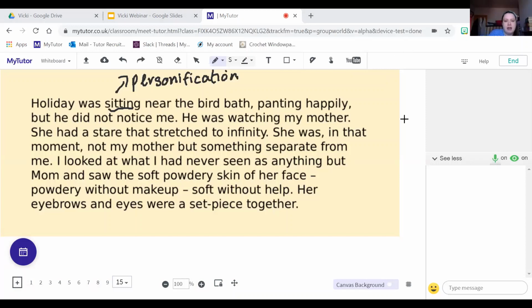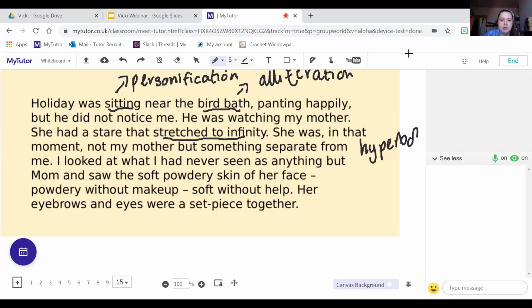"Bird bath" being alliteration there, yeah. What else have you come up with? Repetition of powdery, yeah. Hyperbole, "stretched to infinity," yeah, lovely. So yeah, hyperbole, this is an absolute gift of a text.